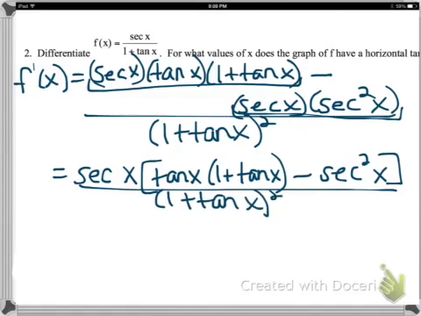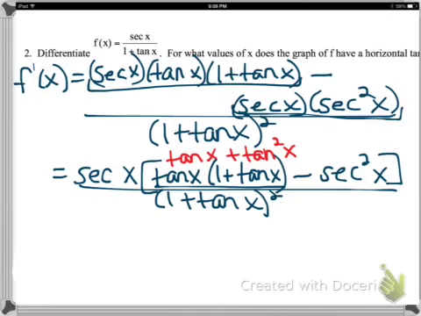Okay, now what else can I do with this? So I have that secant. This turns into tangent plus tan squared, so I'm just going to write that above to save a little room. Distributing, this turns into tangent of x plus tangent squared of x, minus secant squared, and then I have the secant out in front. Then I go back and look at my Pythagorean identities to see if I can do anything with the tan squared and secant squared.